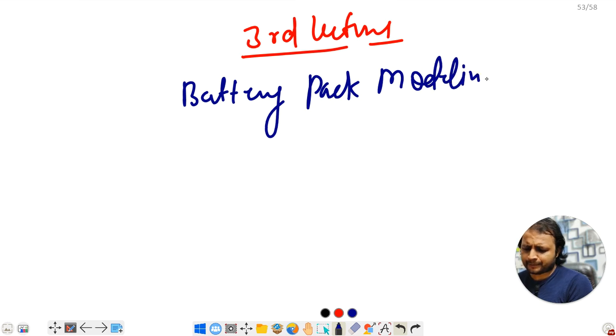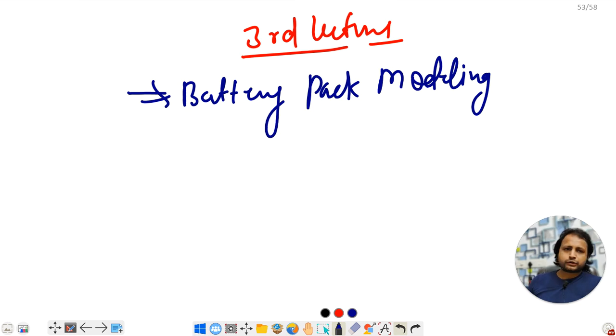That means we will prepare the complete battery here, and I will show you the battery pack. We have one battery pack here, just a minute. You can see here, this is the battery pack.